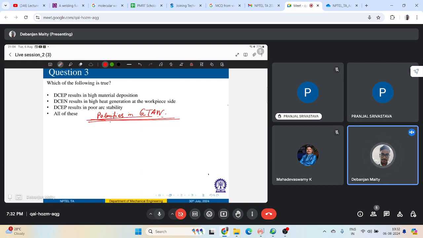So as you know, there are two different polarities generally used in gas tungsten arc welding. What are those? One is DCEN, another is DCEP, right? One is direct current electrode negative. It is also called straight polarity, and this is the most common polarity in gas tungsten arc welding.